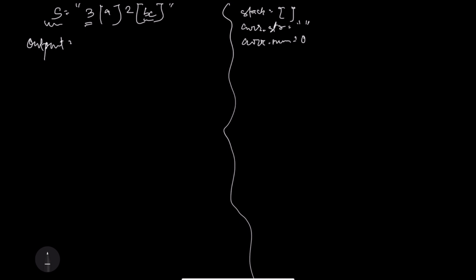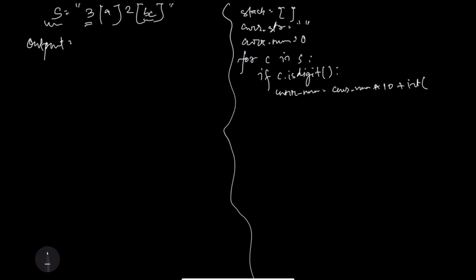Now for every character in s, first we will check if it is a digit. If it is a digit, then we will update our current number, which should be current number times 10 plus int(c).